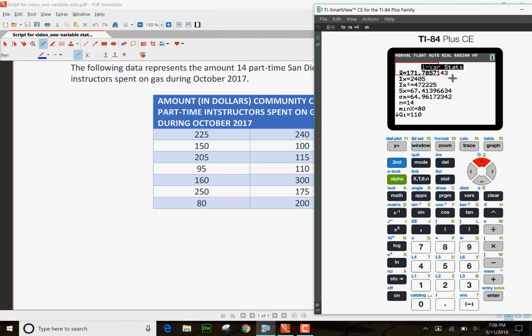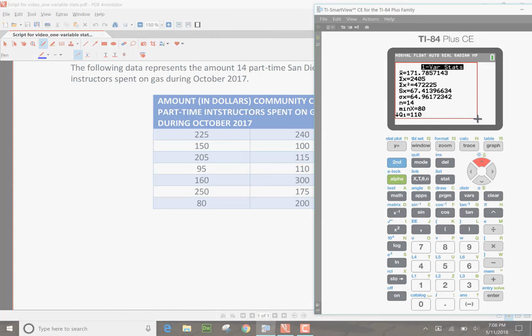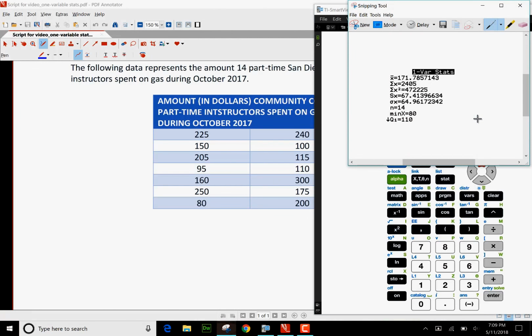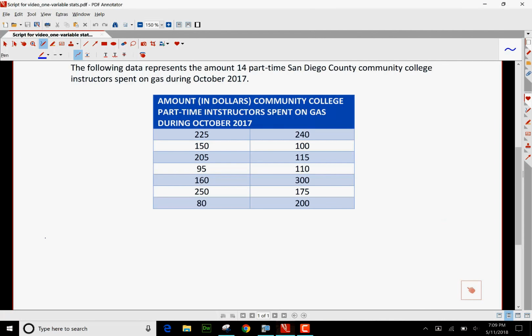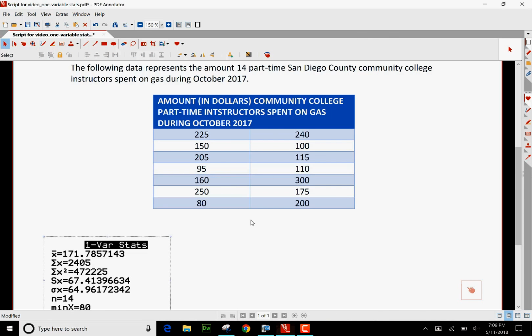So I'm clicking at the corner, and I'm going to go down here, and look what I have. So I'll copy this onto our page. And by the way, it's free if you have any Windows machine. I have dragged it here so that it's always accessible to me.